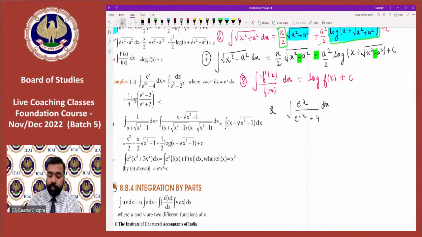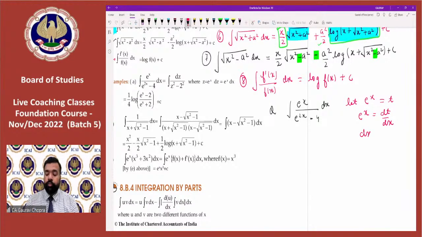So here we can let e to the power of x is equal to t. We have taken e to the power of x as t. Now what will happen? If we differentiate it, it will become e to the power of x is equal to dt by dx.